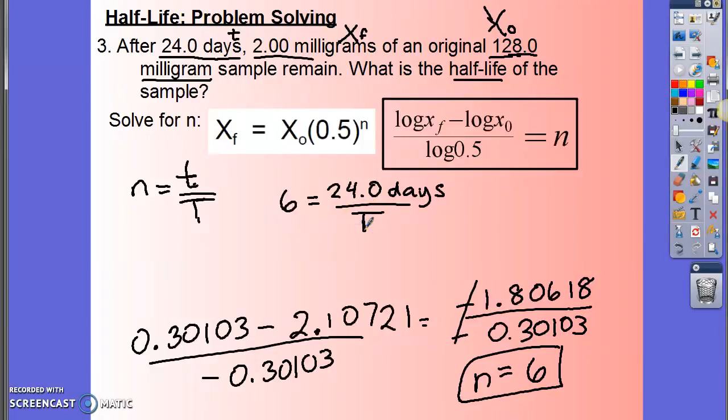So we need to rearrange. If our variable is in the denominator, the first thing we need to do is get it out of the denominator. So right now it's being divided by t. The opposite of that is multiplying by t on both sides. So we get 6t equals 24.0 days.